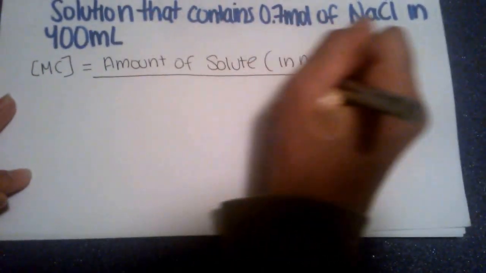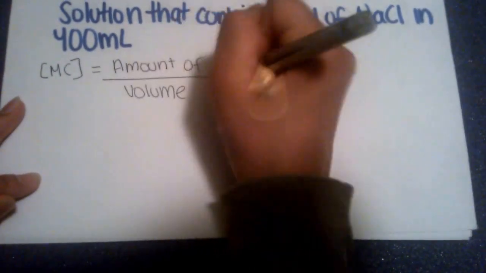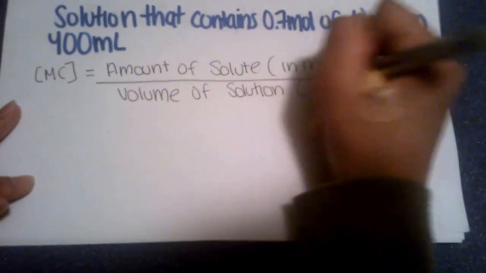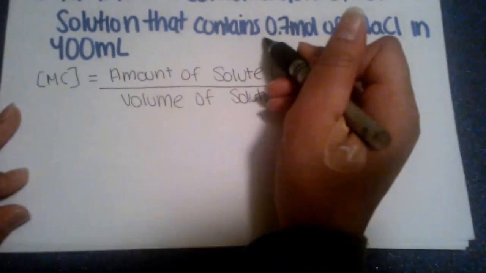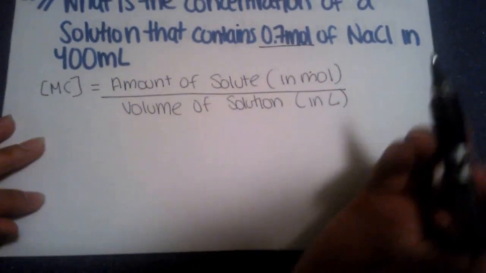Molar concentration equals the amount of solute in moles, don't forget your units, over volume of solution in liters. So you can see that 0.7 is our moles, so it's already given. We don't have to calculate anything.